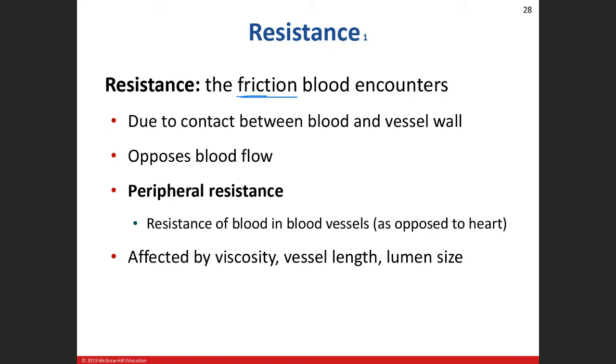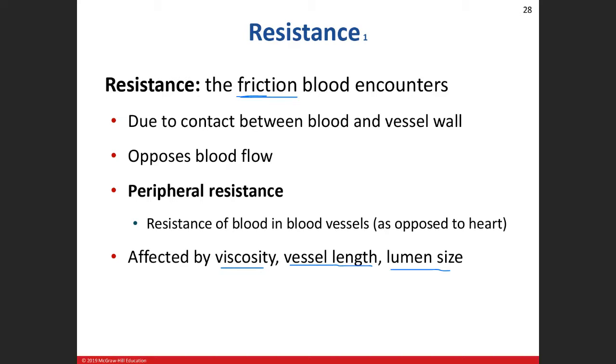Resistance is going to be the friction that blood encounters as it's circulating throughout your circulatory system. And there's three factors for that. The first one is viscosity, and that means how thick the blood is. The second is vessel length. The longer the vessel, the more resistance. And then finally, the lumen size.